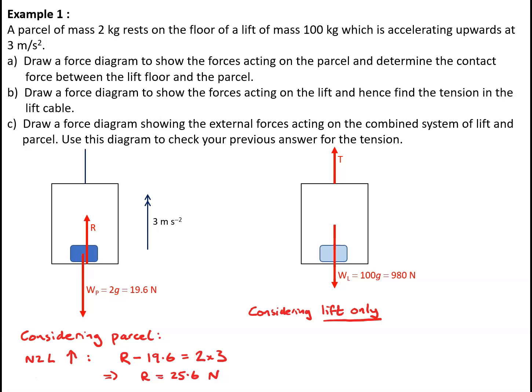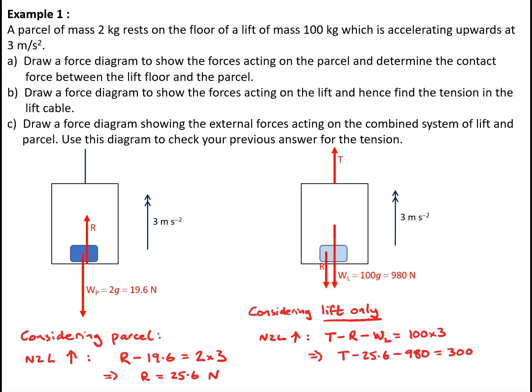So we've got this force R acting down on the lift floor from the parcel. We know the lift is accelerating upwards at 3 meters per second squared. So we can now apply Newton's second law vertically and obtain T minus R minus the weight of the lift must equal 100 times 3.